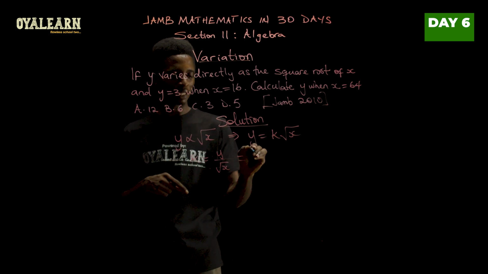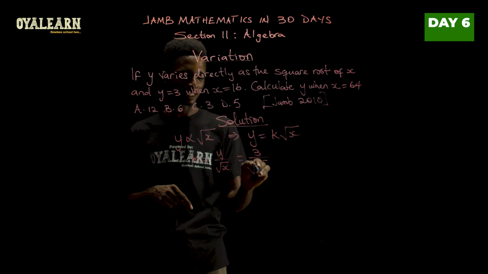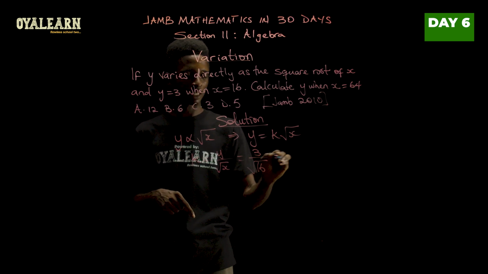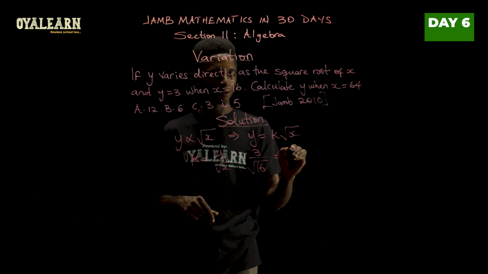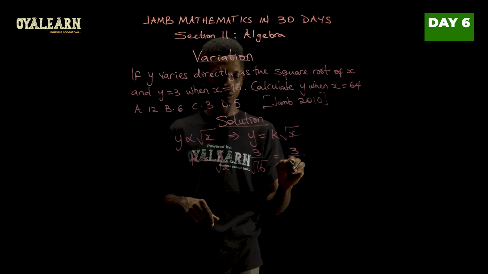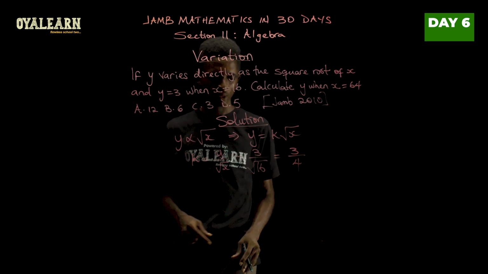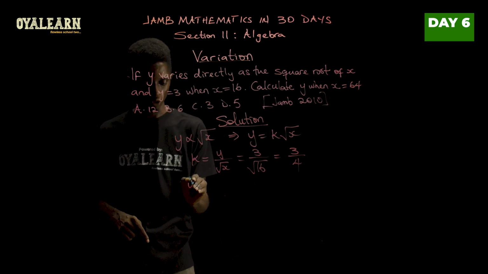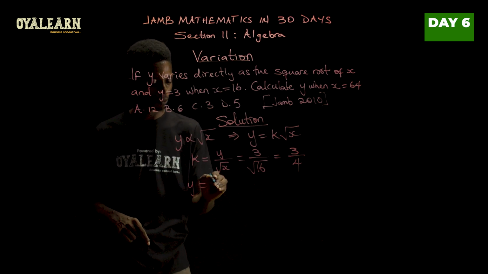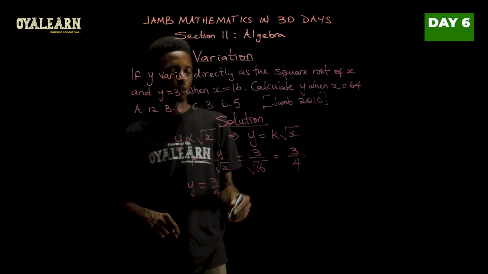Now we are told y is 3 when x is 16. So that will be the square root of 16. From here we can resolve k to be 3 over the square root of 16, which is 4. So the value of k is 3 over 4. Now back to this equation, we have y equals k, which is 3 over 4, multiplied by the square root of x.